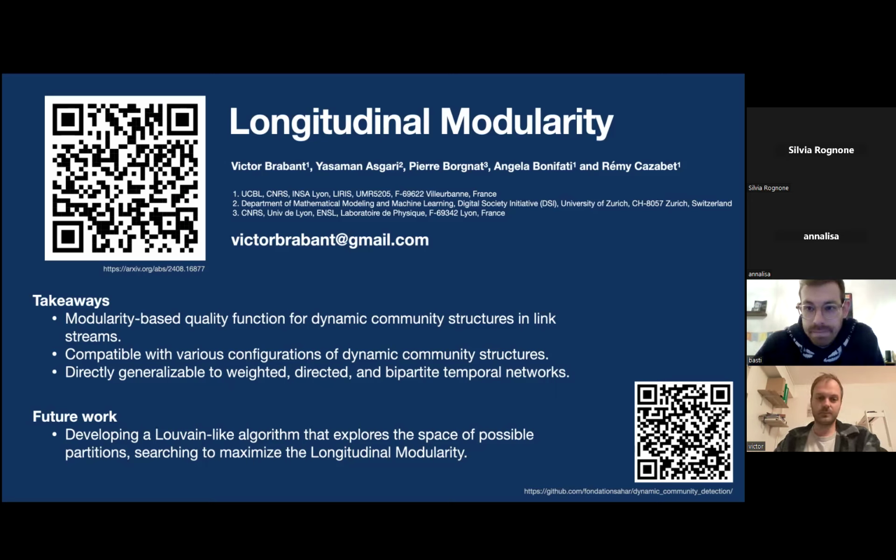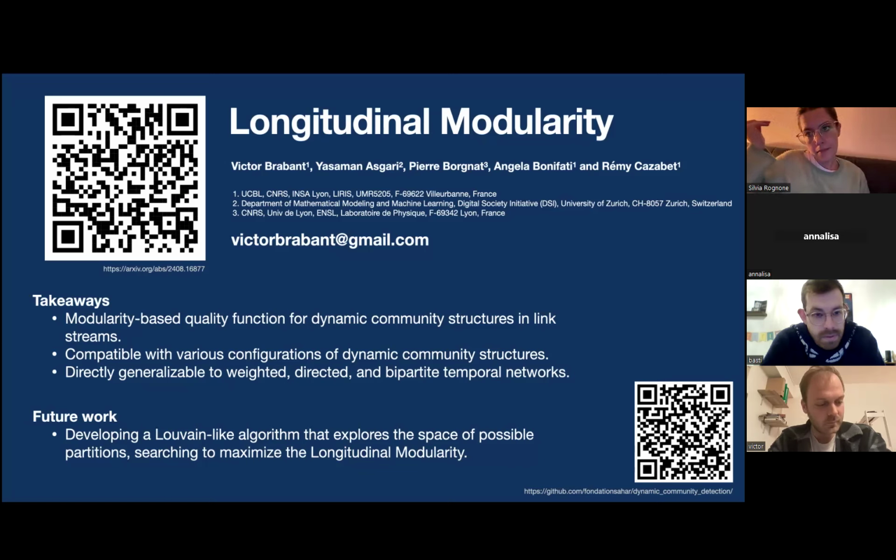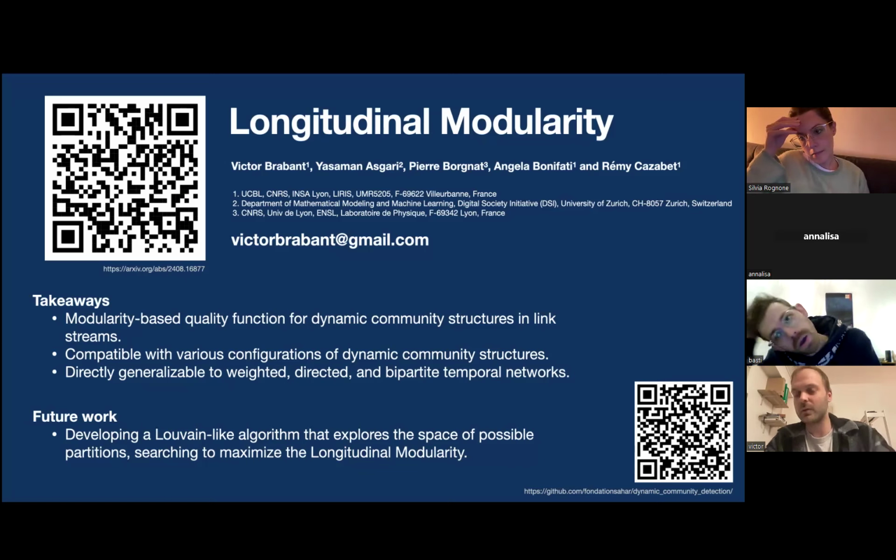Does someone have some question on this? I can start, maybe. I missed a part, which is the trivial case in which the modularity should be one. Sorry, I don't understand what you say. You have some drops, I think. I mean, which is the trivial case in which the modularity should be one?